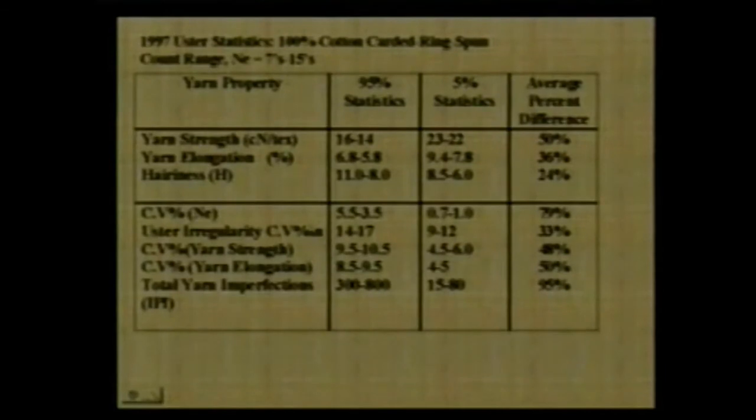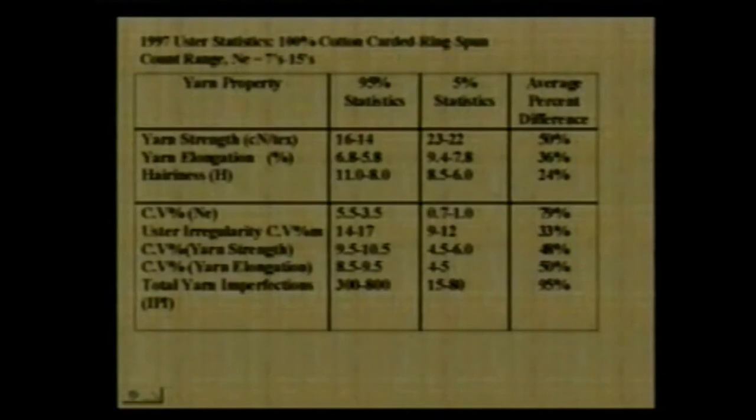If you go to the variation in yarn count, which has improved a great deal over the years, we still find some companies that are producing yarn of that same range from 5.5 to 3.5 CV English count, far off the top 5% that are making yarn from 0.7 to 1 CV.